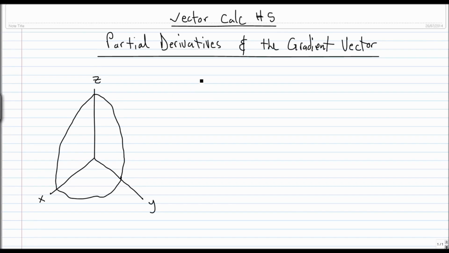Okay, so partial derivatives are just like normal derivatives. They tell you the rate that a function is increasing, but since z is a function of x and y, you might want to know how fast this function is increasing in the x direction, and then how fast the function is increasing in the y direction.